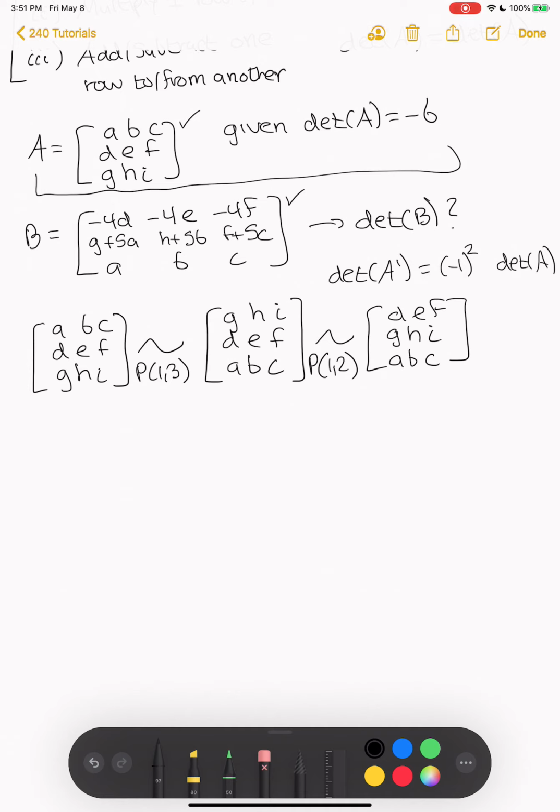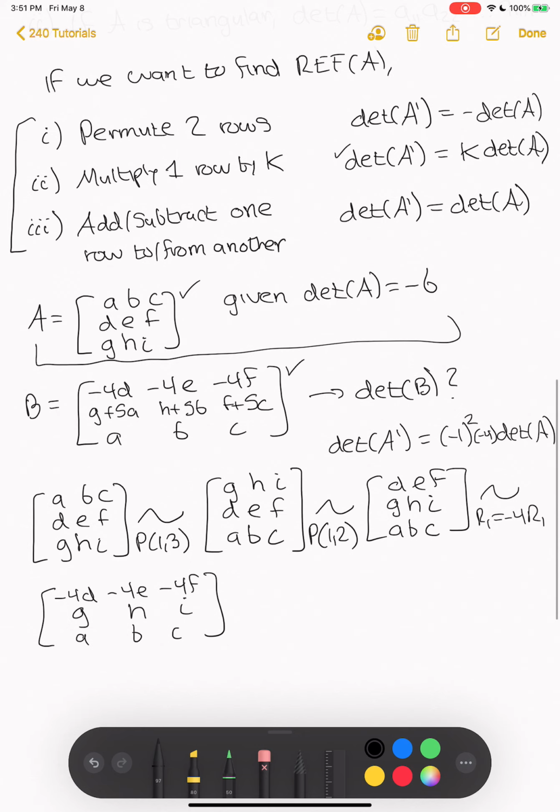I just have to do some scalar stuff. So I'm going to multiply my first row by -4. So I have -4D, -4E, -4F, G, H, and I, and then A, B, C still at the bottom. And I'm getting closer here. I have to multiply by -4 based on this rule here.